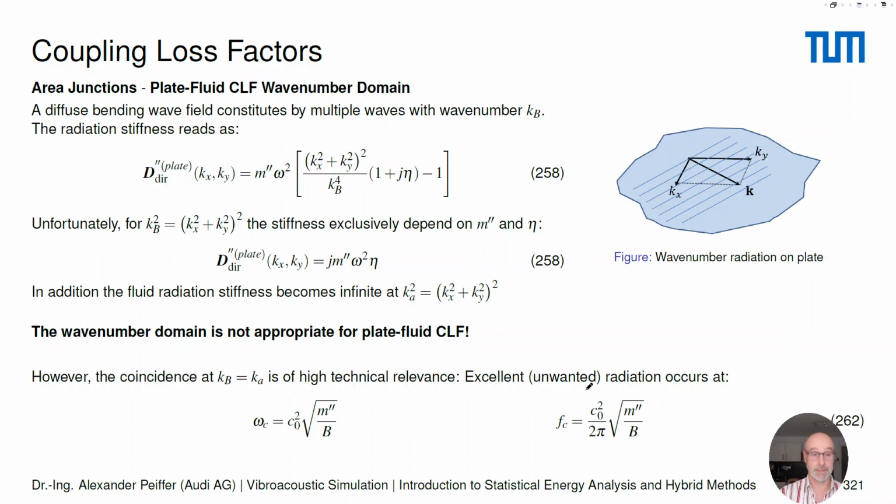And in technical systems, if you're using a single plate or whatever, you should definitely avoid coincidence. This is why people don't like good technical acousticians, because to get a good coincidence, you need something soft. The bending stiffness has to be low to get a very high coincidence frequency.